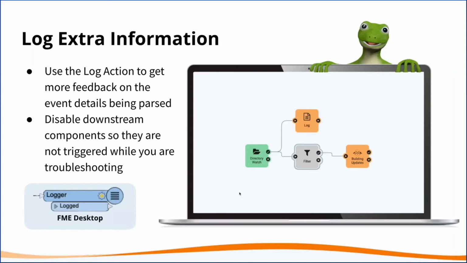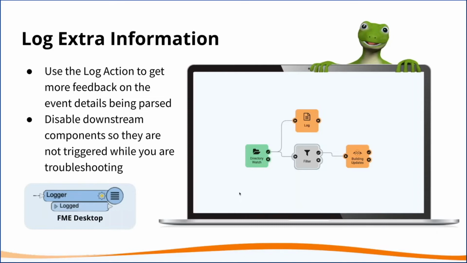So for the most part, automation and job log files should be descriptive enough for you to identify what went wrong when setting up an automation, but occasionally you might need to log further information to fully diagnose the issue. In this case, the log action, which is an internal action, is particularly helpful for troubleshooting because it allows you to route specific keys or event messages to the automation log to help you understand how information is being stored and passed between nodes.